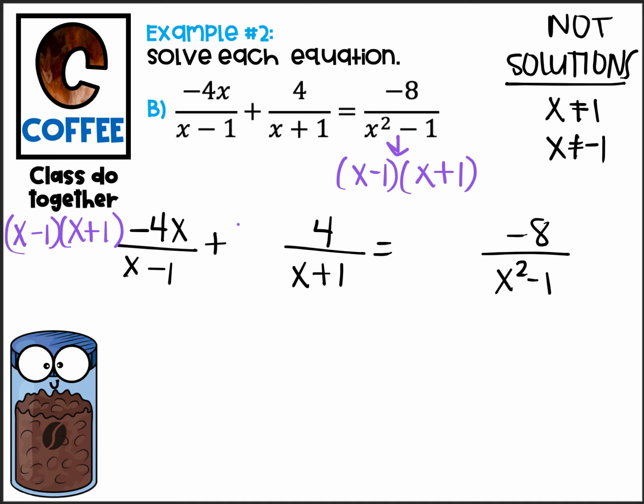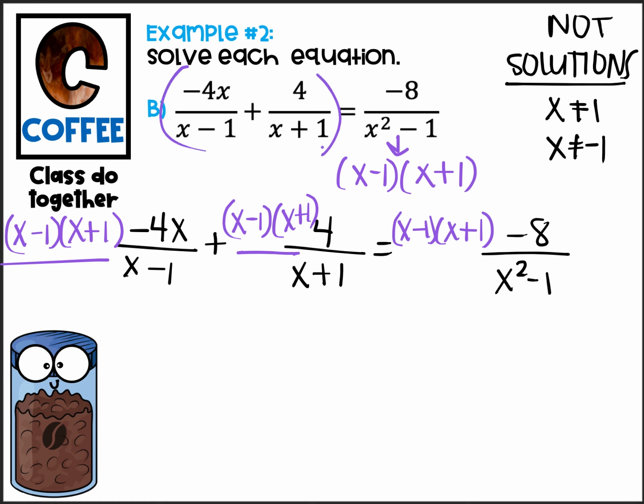I multiplied here twice because I have to distribute in my two terms. I multiplied x minus 1 times x plus 1 times the first term and the second term on my left side of the equation.